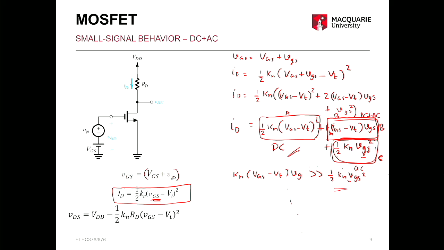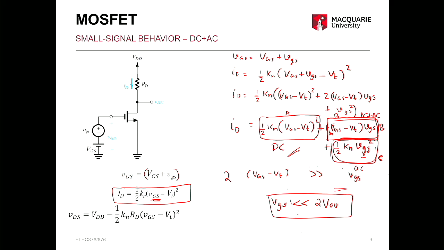There is vgs in both, so we can take one vgs out. We can bring the 2 there. And Kn is there on both sides, so we can get rid of Kn as well. So if the condition vgs is much less than 2 times VOV is met, we can actually ignore the third term.